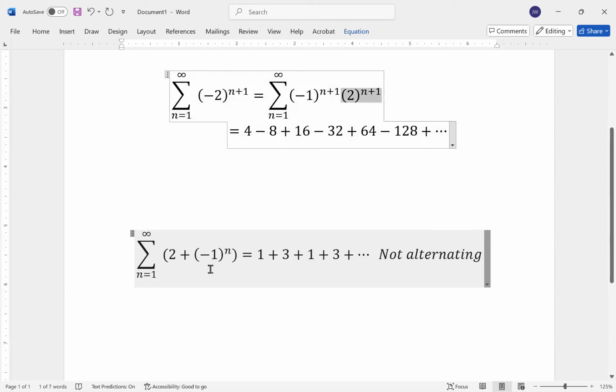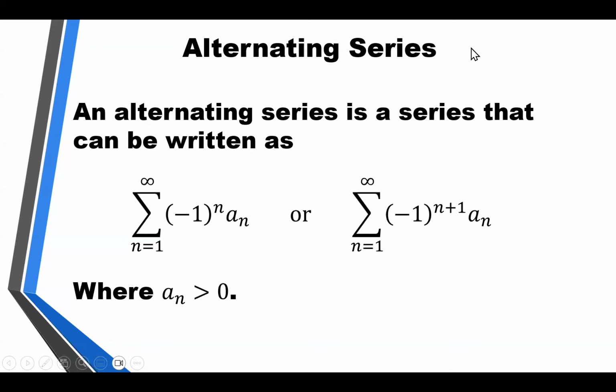I can't just have negative 1 to the n in one part. I have to be able to factor it out of the entire term, which I can't here. So I need to be able to factor that negative 1 to the nth out in order for it to be alternating.